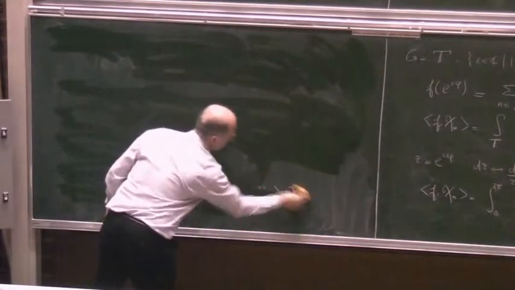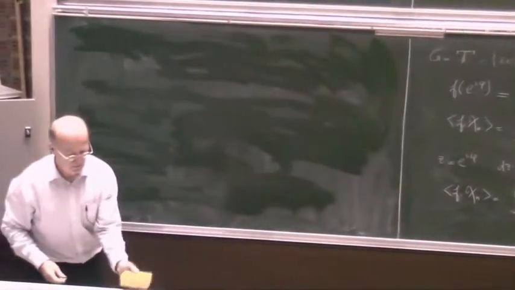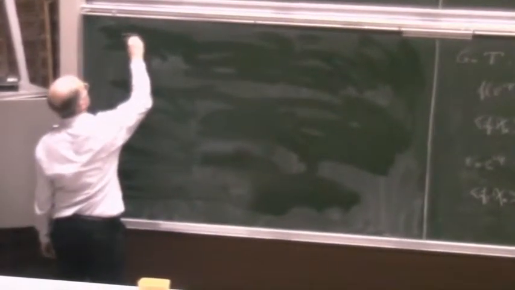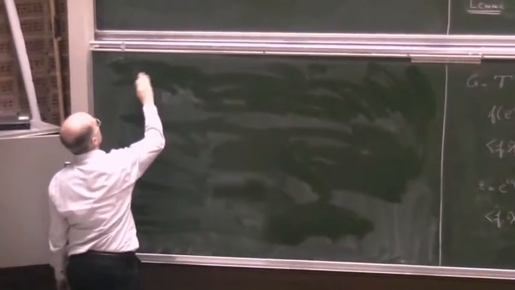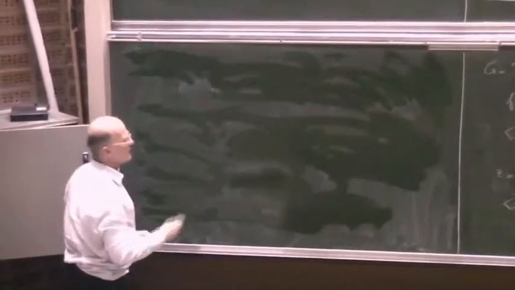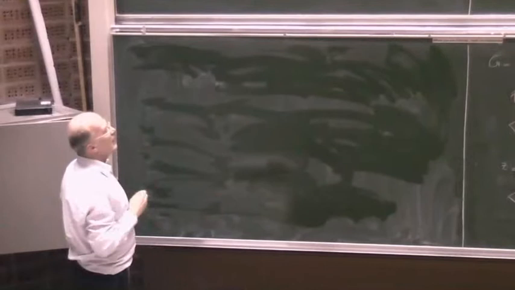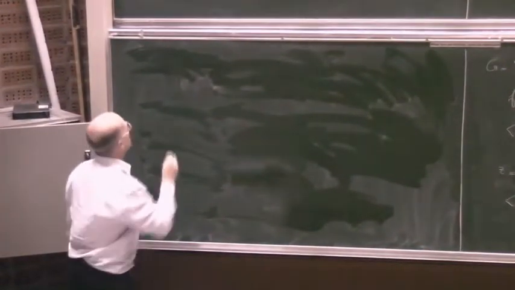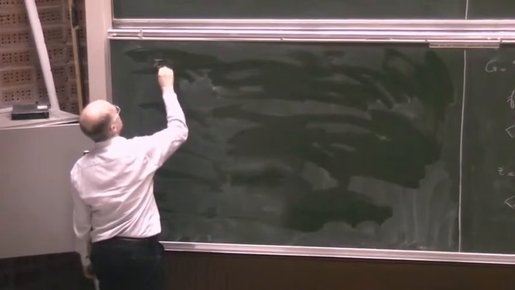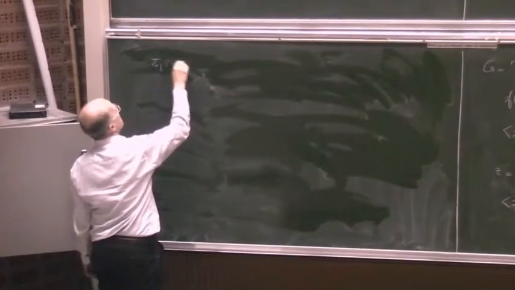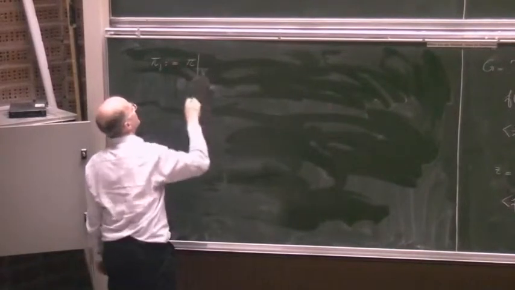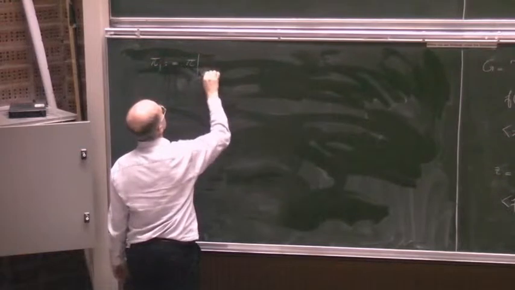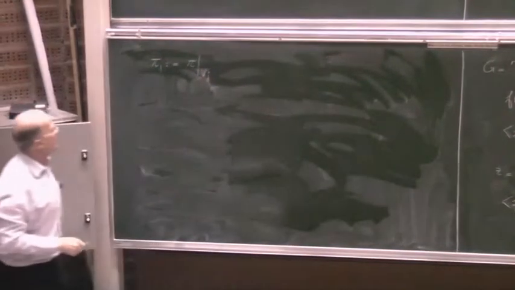For irreducible representations, we know already. So let's write pi sub j is the restricted representation, pi restricted to Vj.